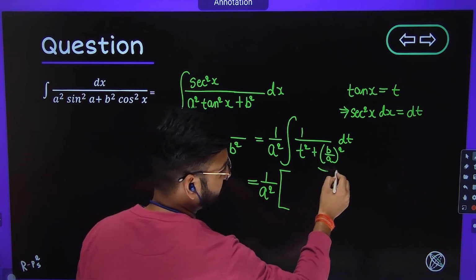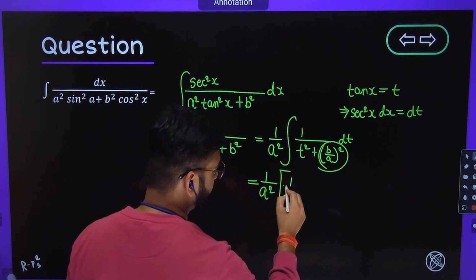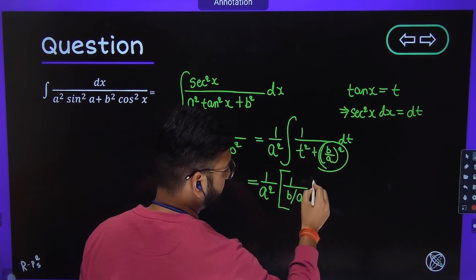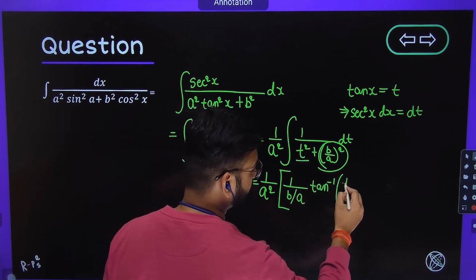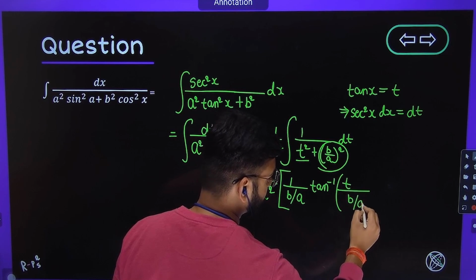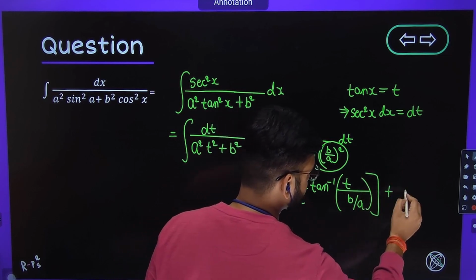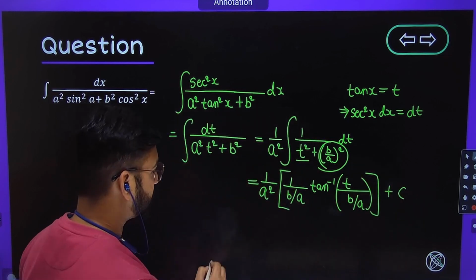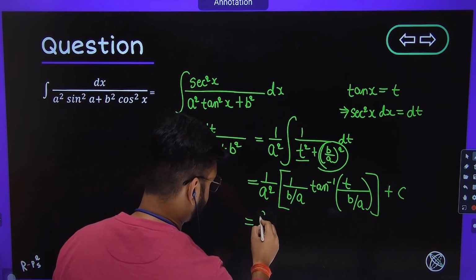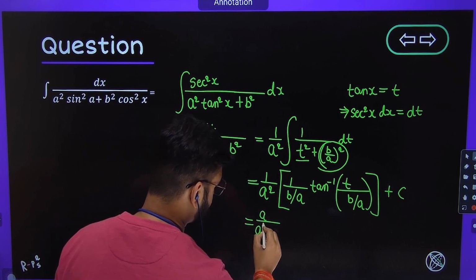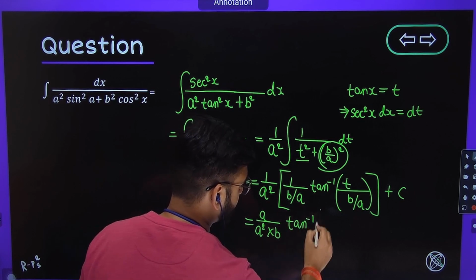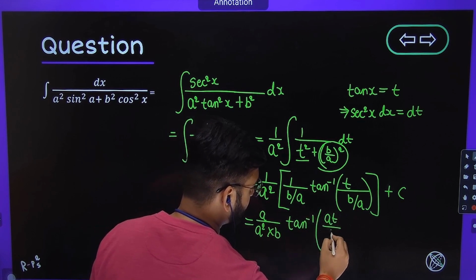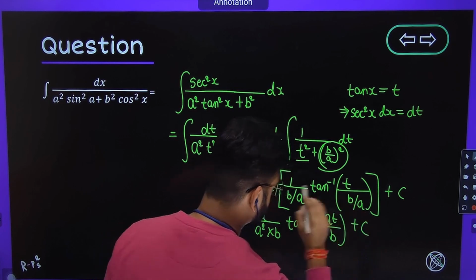So our a here is this term. So 1 by a tan inverse x by a. x is t here, plus c. Let's rearrange the term a bit. So this becomes a by a square into b tan inverse at by b plus c.